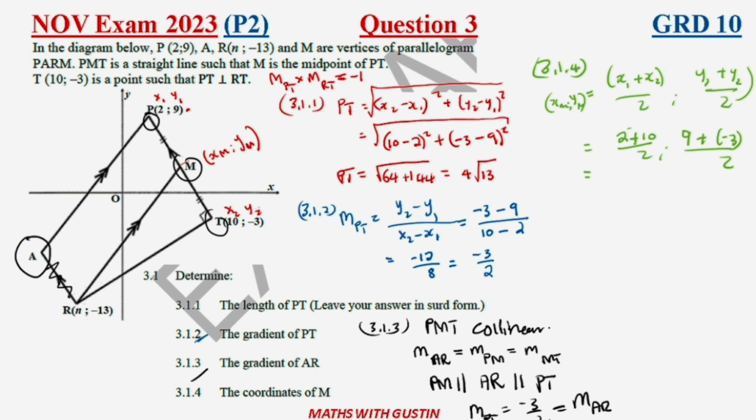So therefore in this case you are going to have 12/2, and then here you are going to have 6/2, which gives us (6;3), which is our midpoint values there at M. Okay, guys, this is how you would deal with the midpoint. Simple, straightforward midpoint formula. So let's move right along to 3.2.